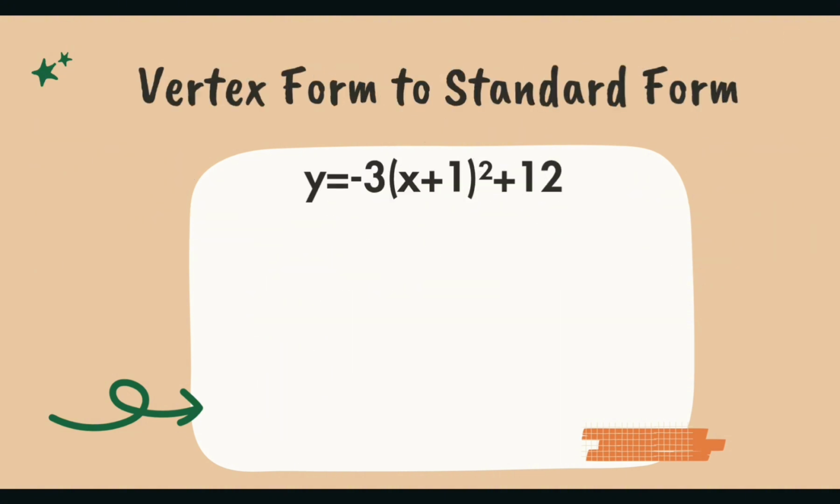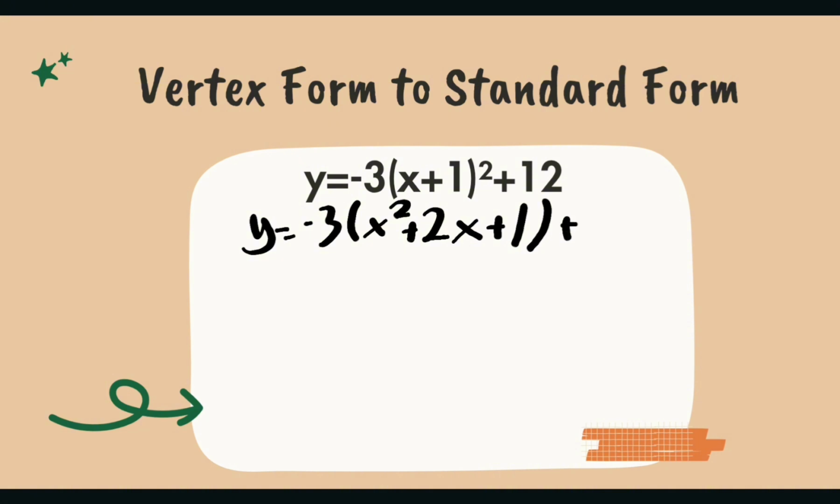Let's continue with the conversion from vertex form to standard form. To convert y equals minus 3(x plus 1) squared plus 12 to standard form, we need to multiply and simplify everything. y equals minus 3 times (x squared plus 2x plus 1) and plus 12.